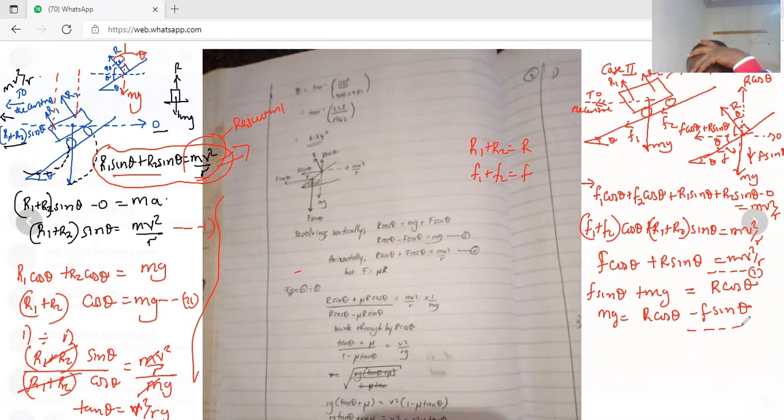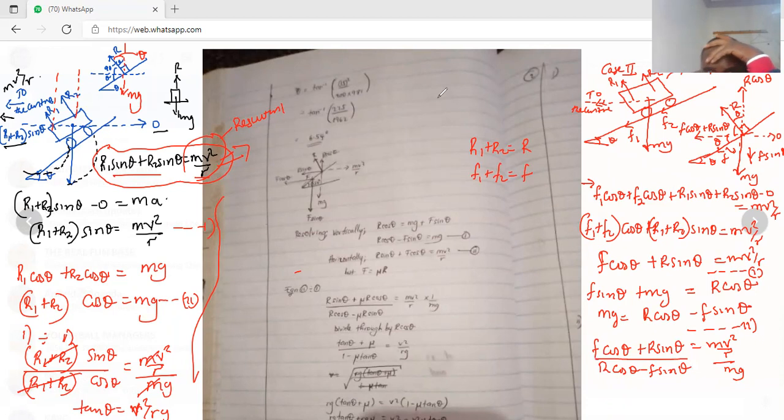This can become our equation 2. Then I can divide equation 2 by equation 1, and I'll get F cos theta plus R sin theta equal to mv squared over R, over R cos theta minus F sin theta equal to mg.